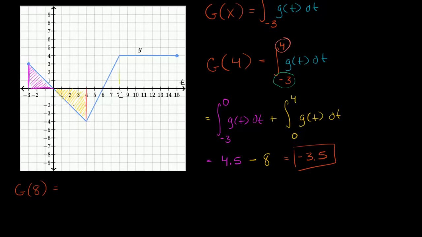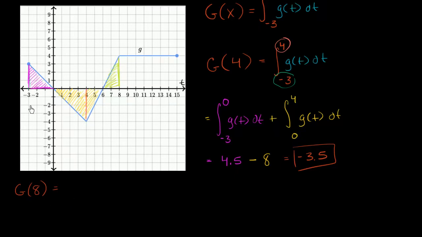So actually, let me draw the line there. We're going to think about this whole area now, and then we're going to think about this one. So we could write this as equal to, actually, let me do that in purple color.